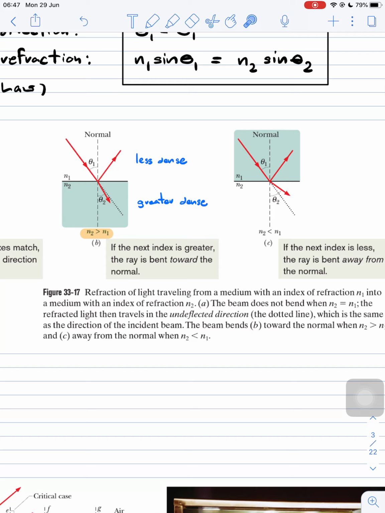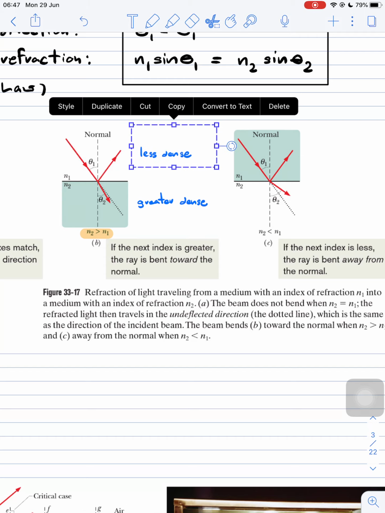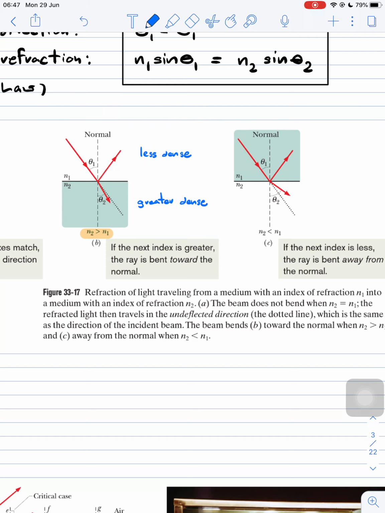So now we know that if n is smaller, the speed in medium 1 will be higher. For medium 2, because n is larger, the speed of light will be lower, so this will be the lower speed here.